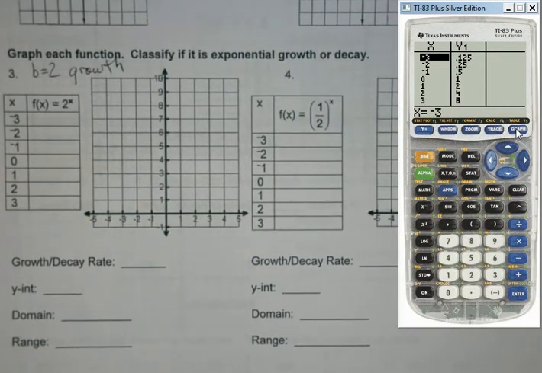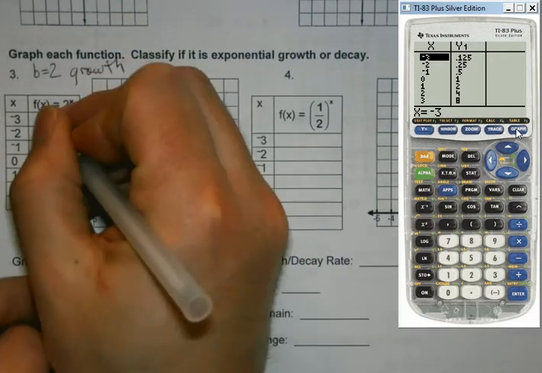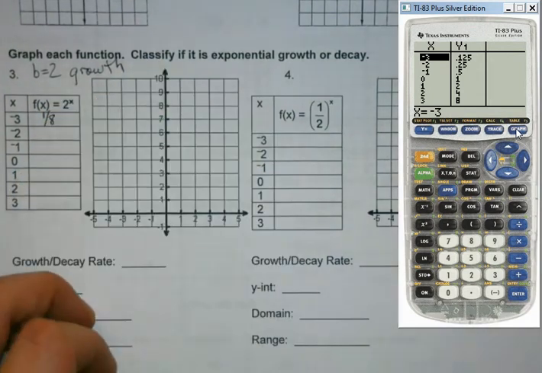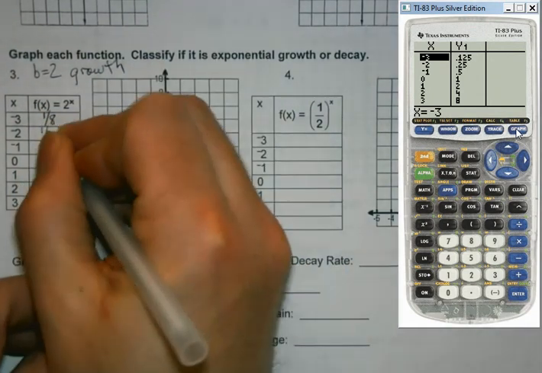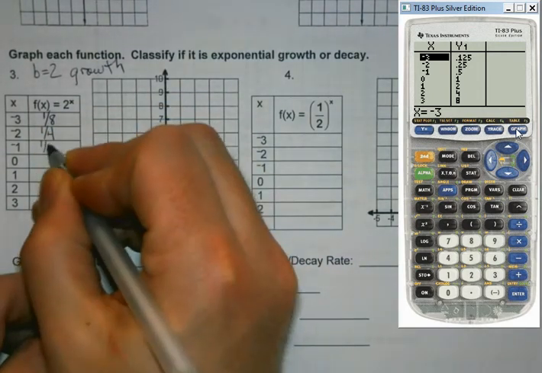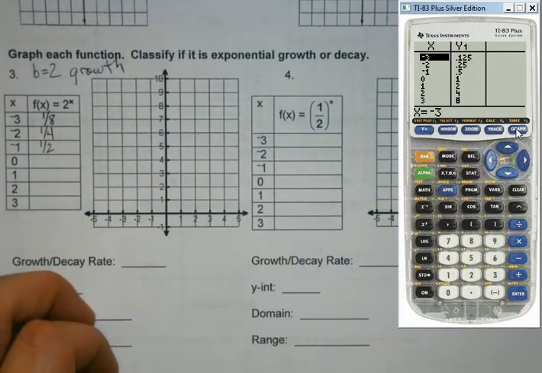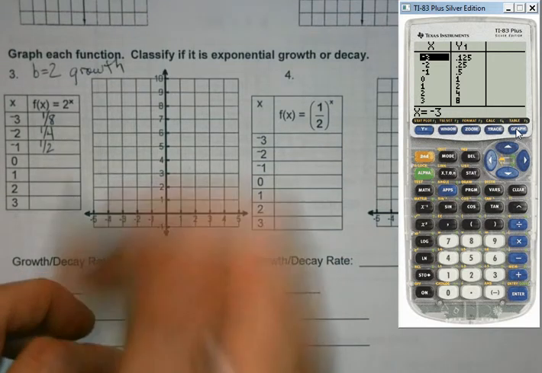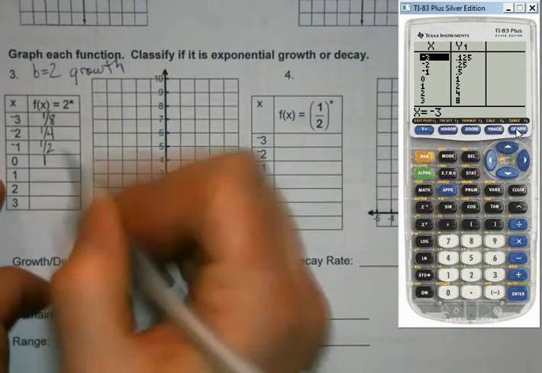And I don't mind if you go into a decimal mode here, even though I think you'd see a pattern better with the fractions. Because, for instance, that 0.125 that you see, just a fancy way of saying 1/8. Okay. 0.25, and we know that's a 1/4. And the main thing here is seeing, oh yeah, these negative exponents don't make negative answers, they make fractions. Anything to the 0 power is 1.